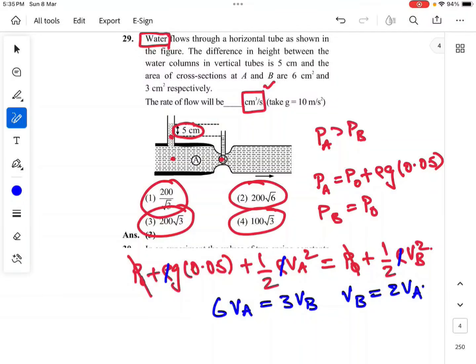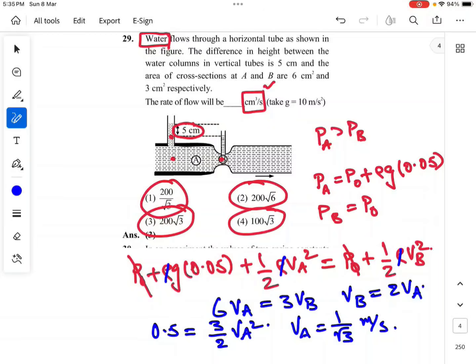So here you will have 0.5 is equal to, when you substitute VB is equal to 2 VA, 2 VA square minus this one goes there, then you will get 3 by 2 VA square. So VA you will get as 1 by root 3 meter per second.